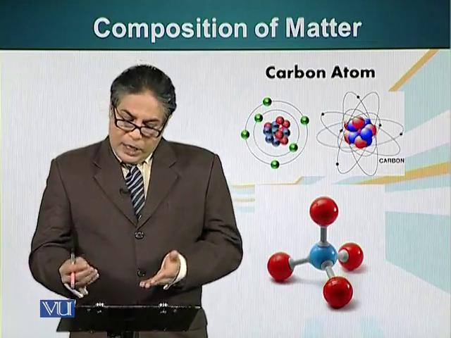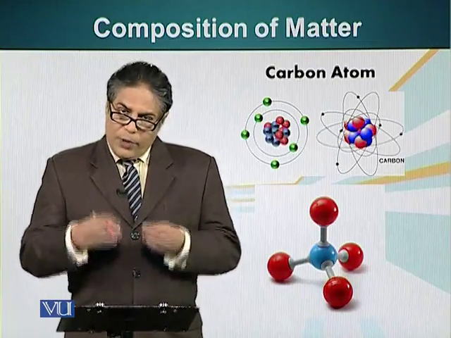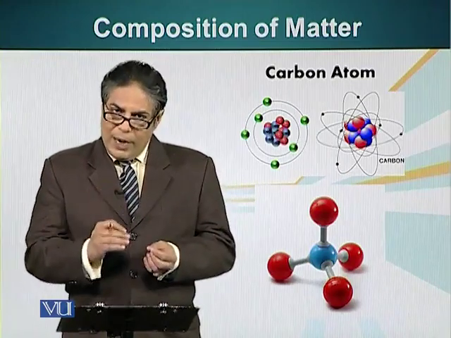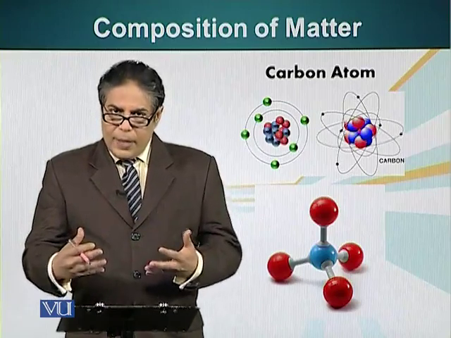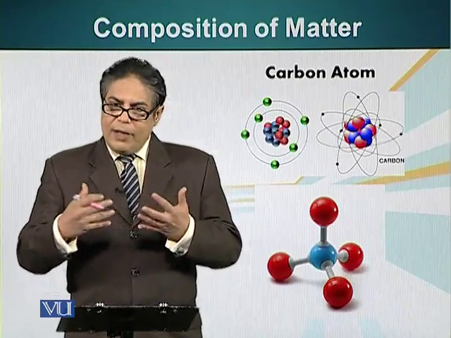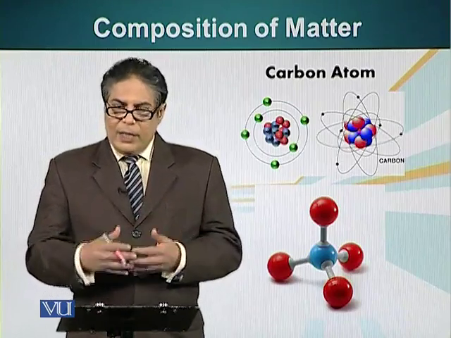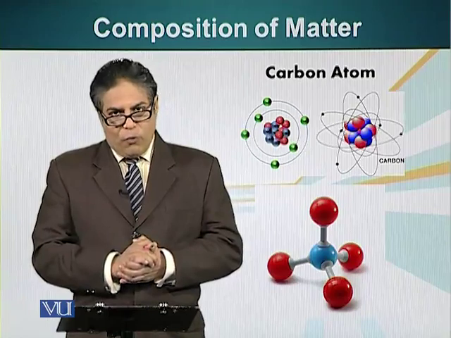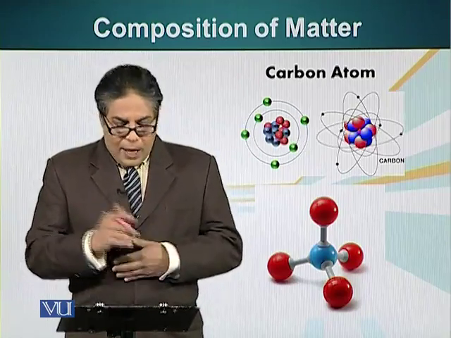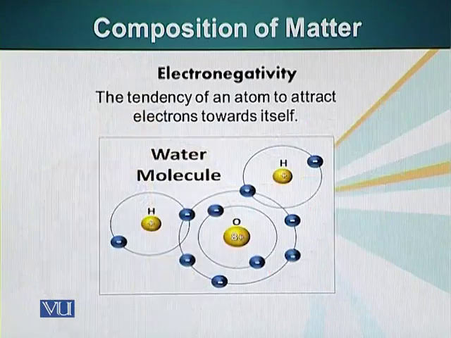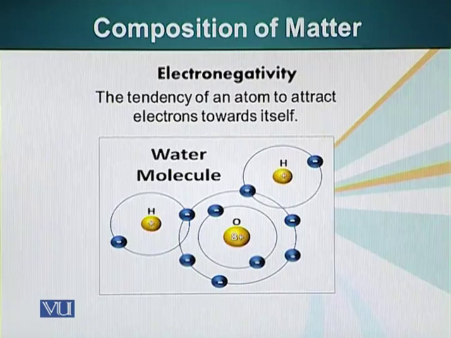Each hydrogen atom is contributing 1 electron, and the carbon atom is also contributing 1 electron in each bond, and this is how we have been able to satisfy the orbital requirement of having 2 electrons per orbital.